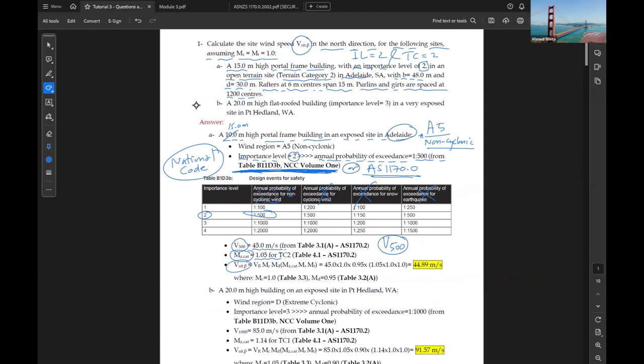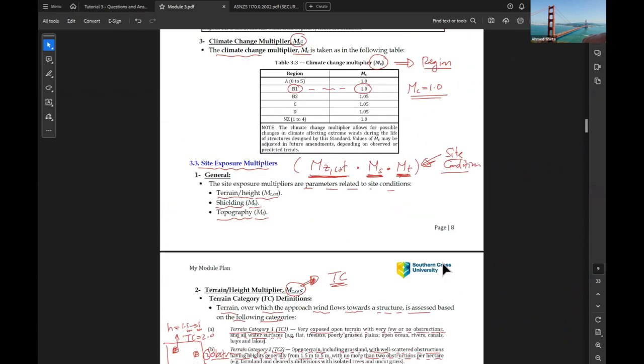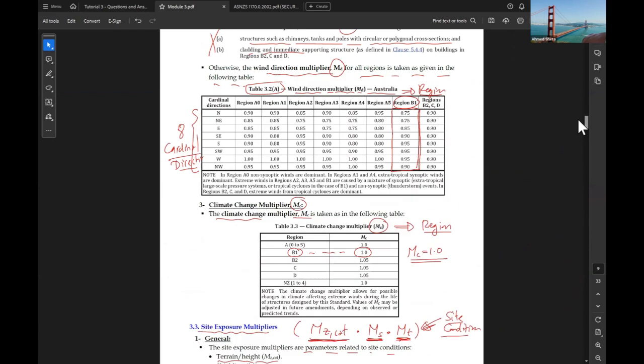So V site beta for the north direction equal to VR 45. MC, the climate parameter, is 1. How much MD? If we go to the module again, we are looking for the north direction. So we are north and terrain category, region A5.